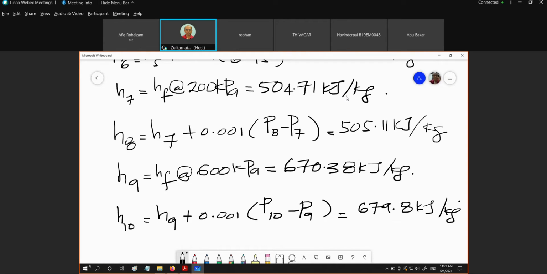Okay, meaning that now we have solved all the enthalpy values, correct? Now what are we going to do? Find Y1, sir. So how do we solve for Y1?